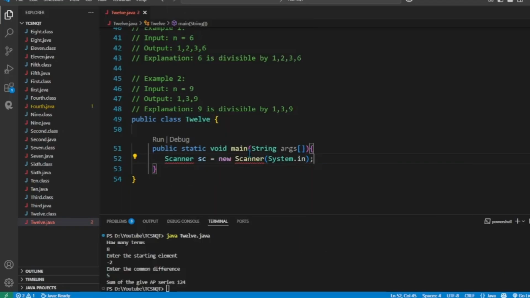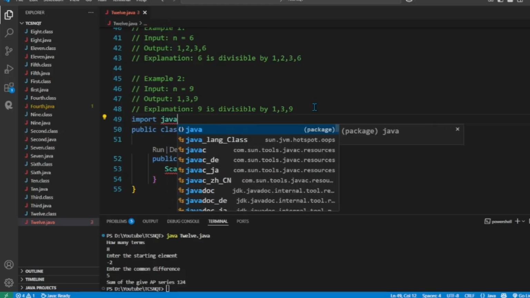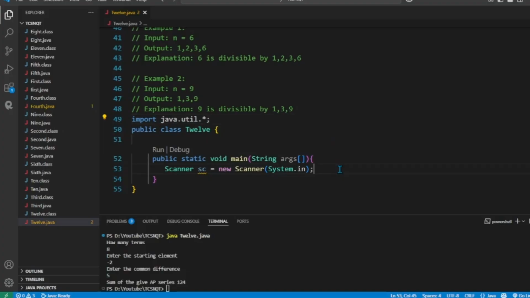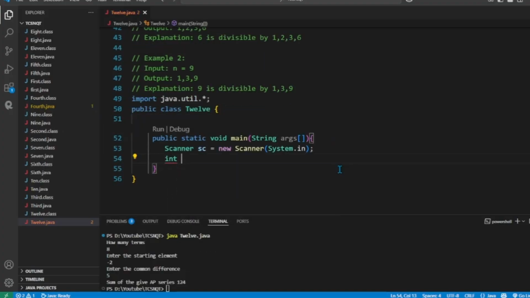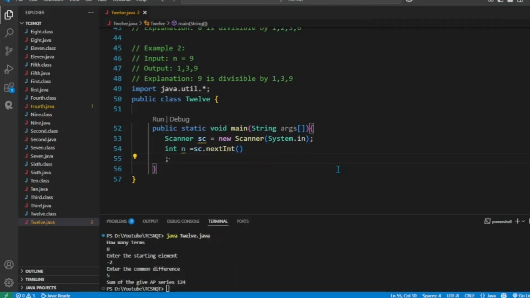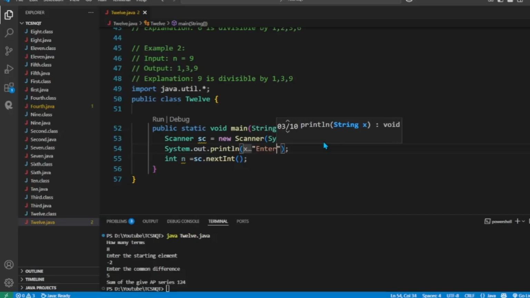Now we need to import java.util. After that we take input, int n equal to sc.nextInt(), and simply give a message here, enter the element.